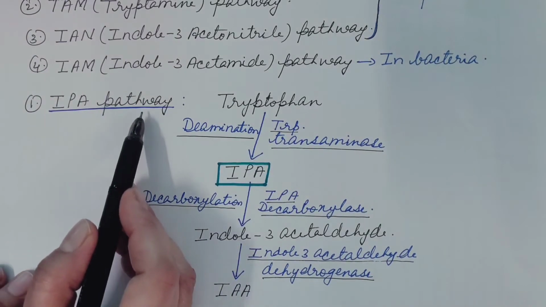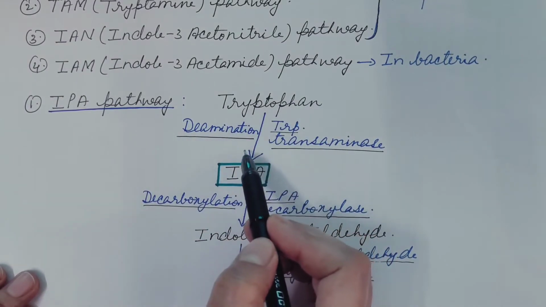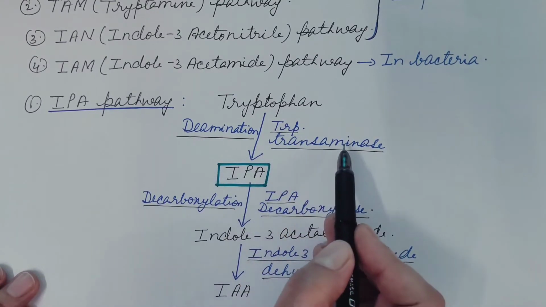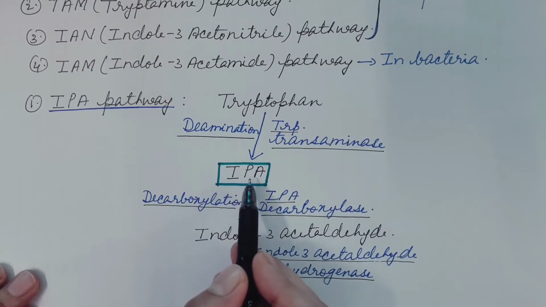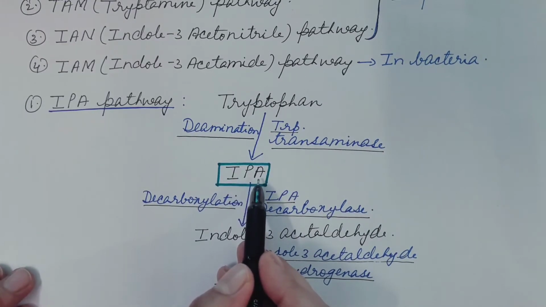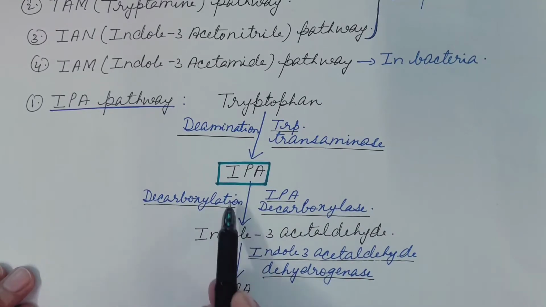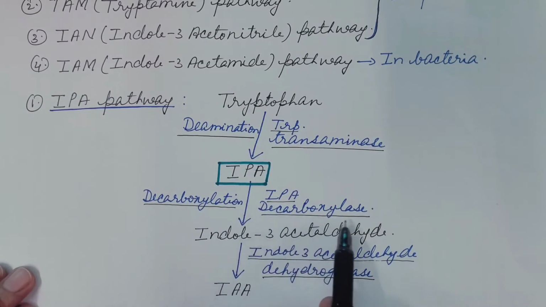First is the IPA pathway. Tryptophan undergoes deamination in the presence of the enzyme tryptophan transaminase and is converted into Indole-3-Pyruvic acid, that is IPA. Then this IPA undergoes decarboxylation in the presence of the enzyme IPA decarboxylase and is converted into Indole-3-acetaldehyde.